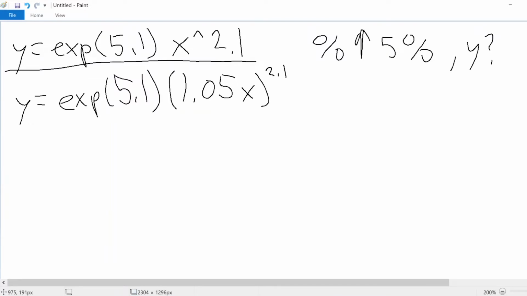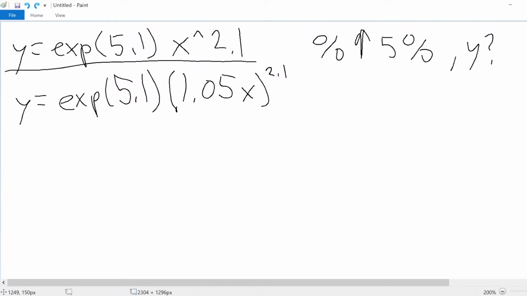We're saying 1.05 because we want to include this as a growth, right? If we just left it as 0.05, that would be saying something along the lines of a 95% decrease, which we don't want. So we're adding this 1 to the 0.05 just to denote that it is, in fact, increasing, right?